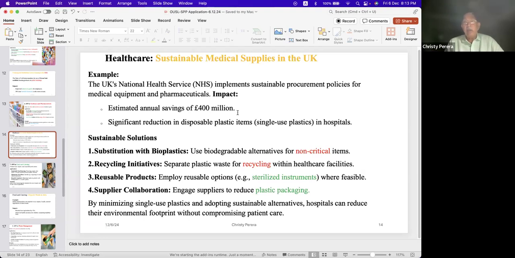They don't use them in hospitals now. All are single-use plastics, disposable syringes everywhere. Mainly that is because of COVID.